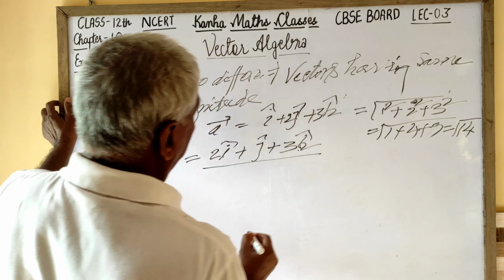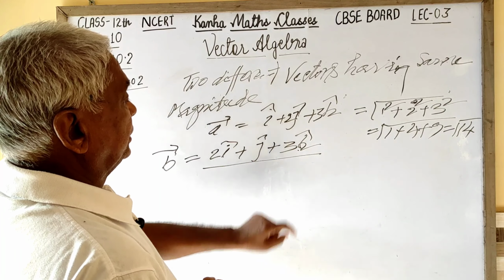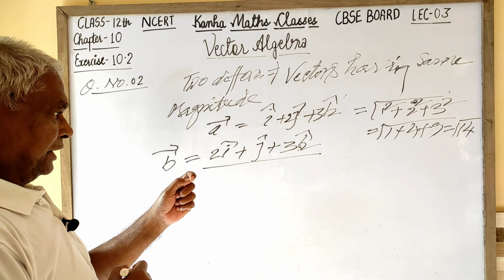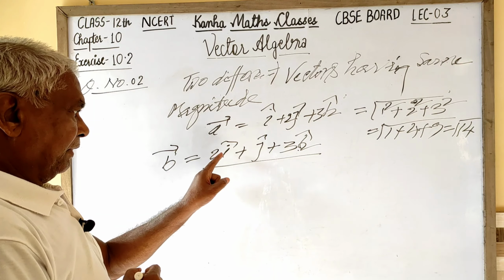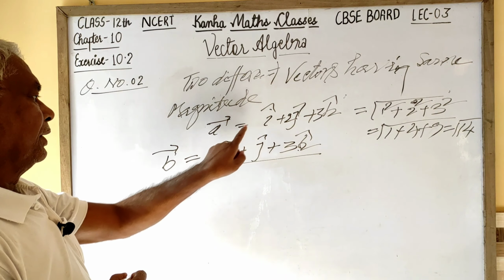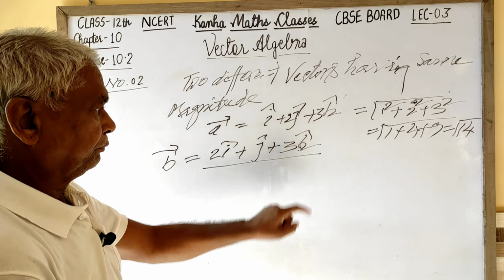You just see in the vector 2i plus j plus 3k, here also the components of the unit vectors i, j, k are, instead of 1 here 2, instead of 2 here 1 and instead of 3 it is 3.